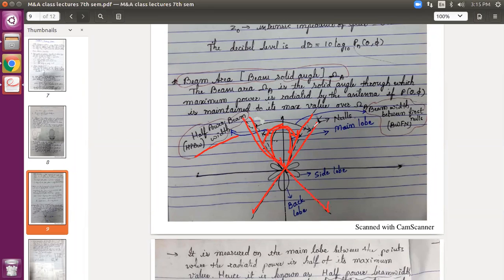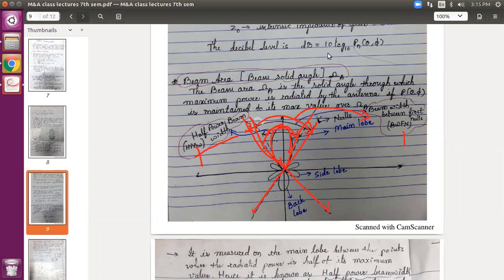First null, second null, you will come across this, I'll explain to you later on. So these are the null points, and the area covered between these two, whatever radiation comes out, we call it the beam width between first nulls. In short, HPBW and BWFN.